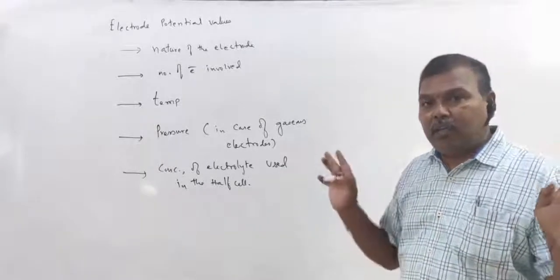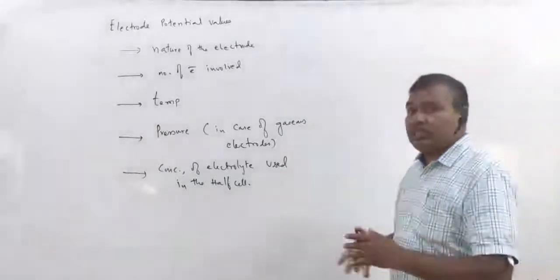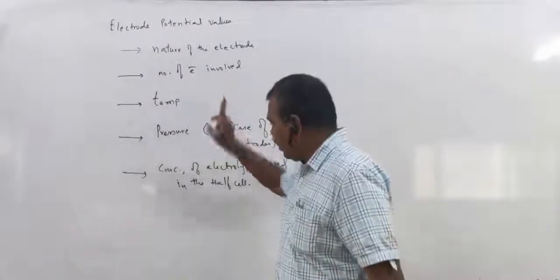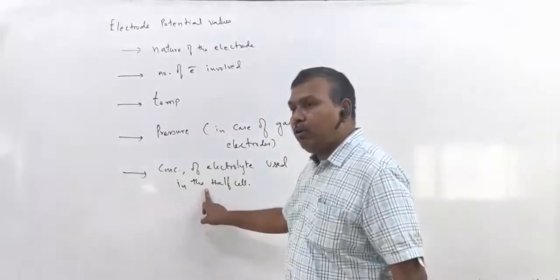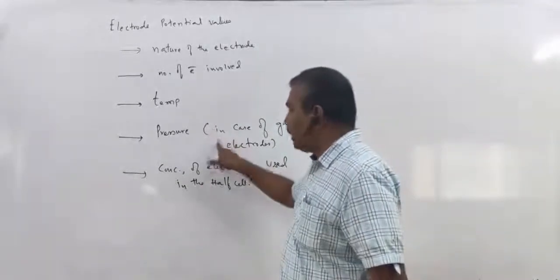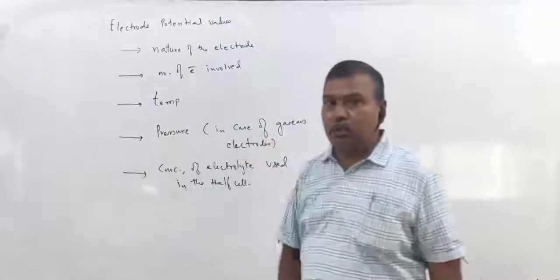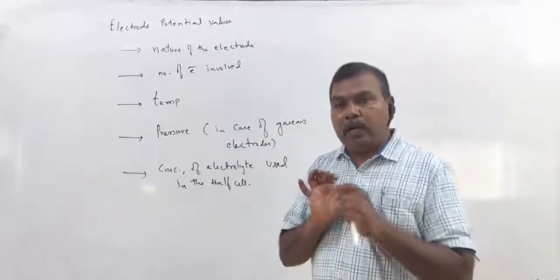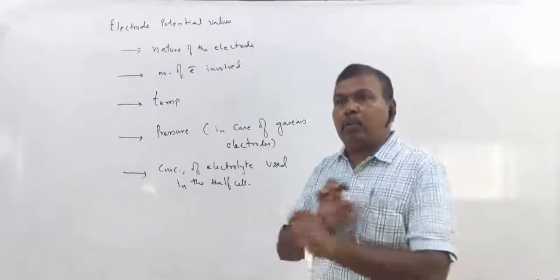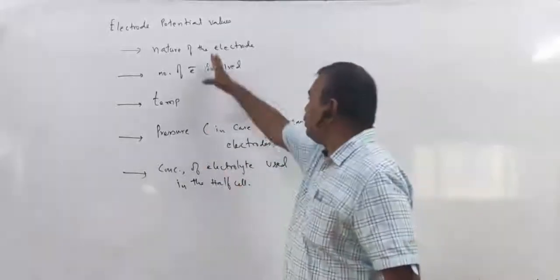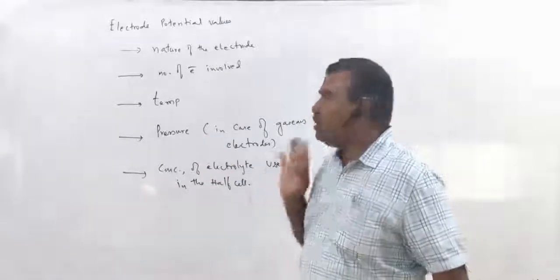It depends on temperature, on the concentration of electrolyte in the solution, and in case of gaseous electrodes, on the pressure also. So for a given electrode, the electrode potential value is not the same. It depends on these factors.